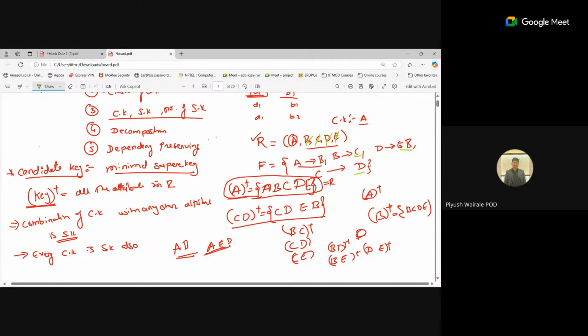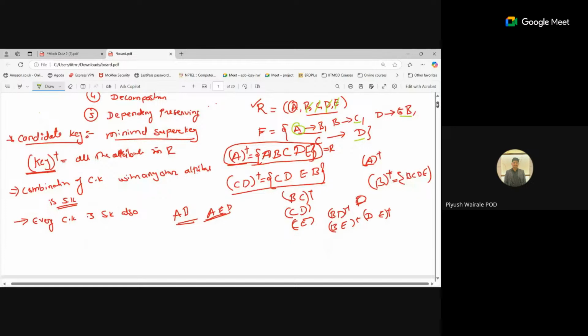Only A is not present on the right hand side of any functional dependency. Then we can say A can be a part of a candidate key, or A itself is a candidate key. So first take the closure of those attributes which are not present on the right hand side of any functional dependency and see whether it is a candidate key or not. If it is not, then take the combination of A with any other attribute. In this way you need to proceed. So this is the process for finding out the candidate key.